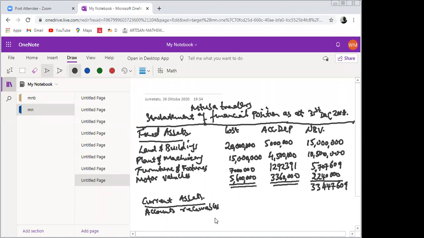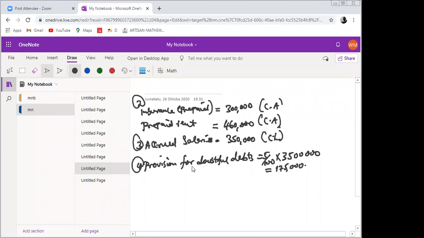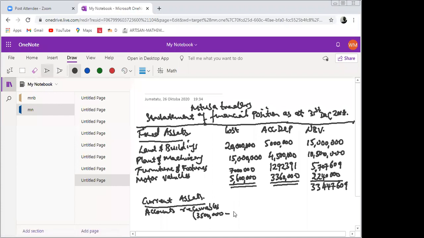The accounts receivables are 3,500,000. We minus the provision. We must remember to minus the provision, which we calculated here. 175,000 worth of debtors are doubtful, so we minus so that we can get the value for the debtors we anticipate to receive from them.